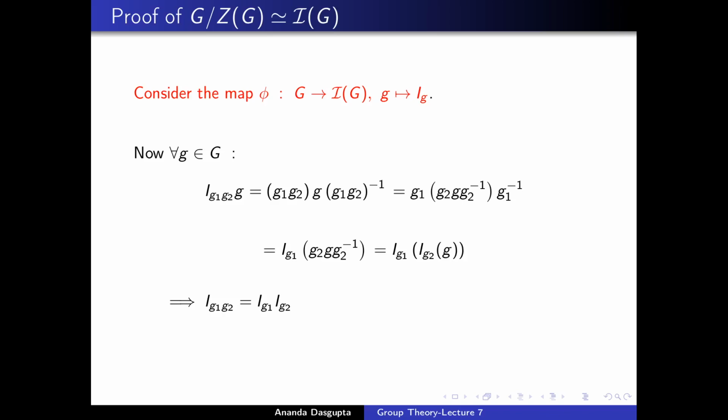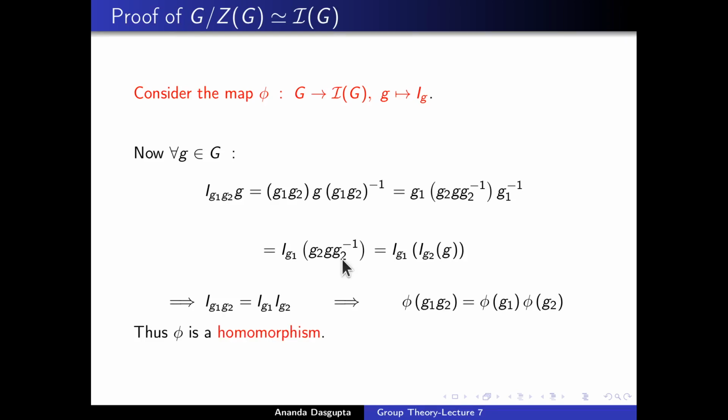Hence this map phi is a genuine homomorphism. What we need to prove, of course, is that it's also onto, according to our definition of a homomorphism, but that is rather trivial because after all the inner automorphisms are exactly of the form Ig for some g. So ontoness is sort of trivially established here.